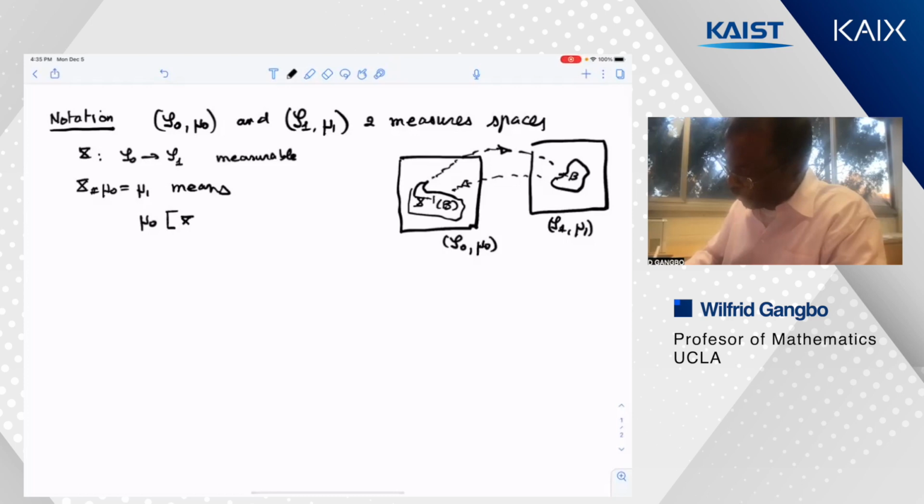The measure of S inverse of B with respect to mu naught will be the measure of B with respect to mu 1, and this holds for every B measurable.